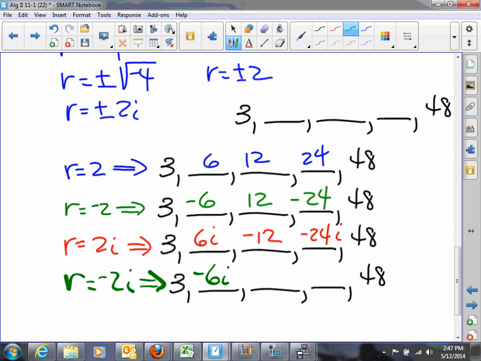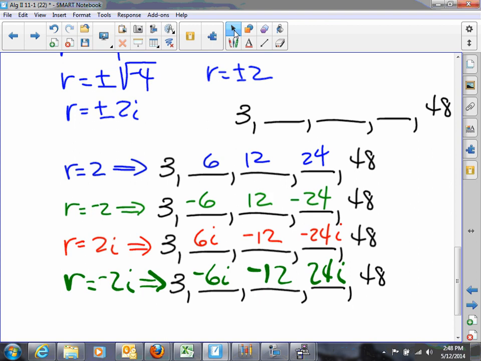But +12i squared is -12, and then -2i times -12 would be +24i squared. No, I'm sorry, that would be +24i. -12 times -2i would be +24i. But then 24i times -2i would be -48i squared. i squared again being -1, -48 times -1 will give you 48. And so all four of these sets of 3 different geometric means would work.